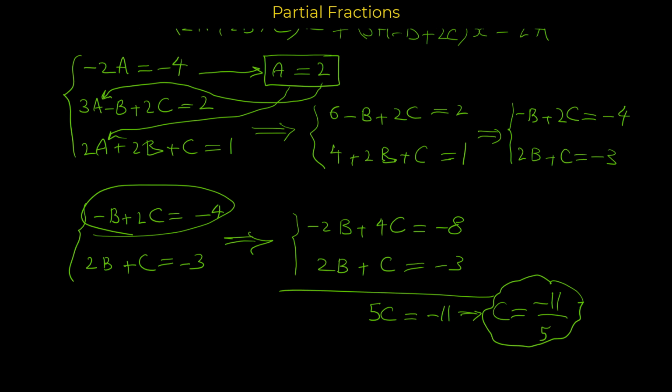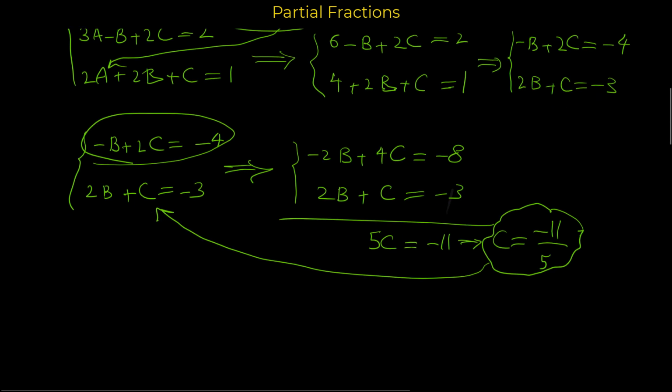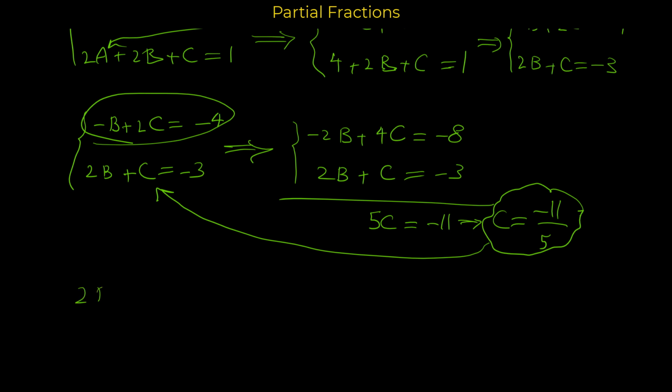Now that we have the value of c, we can substitute this value, for example, in this equation to find the value of b. Then we have 2b minus 11 over 5 equals negative 3.